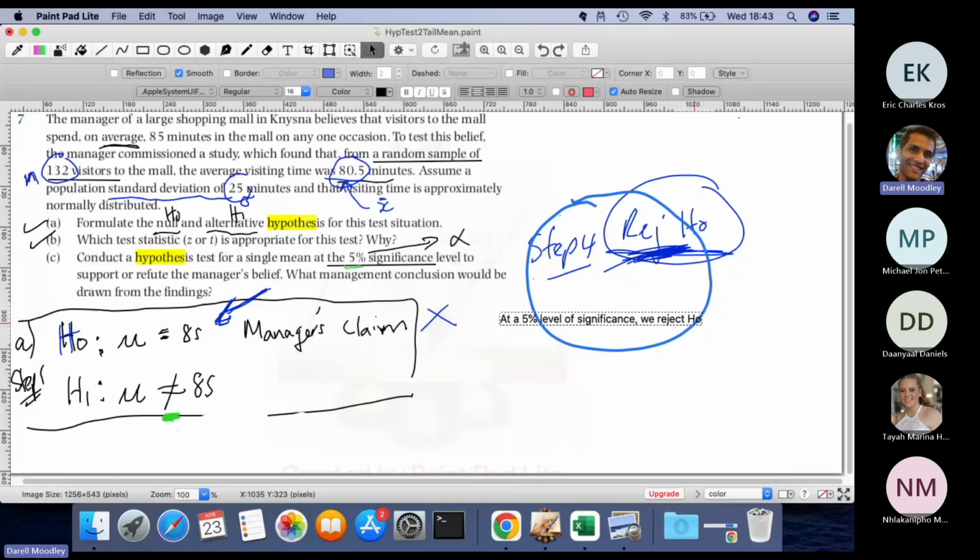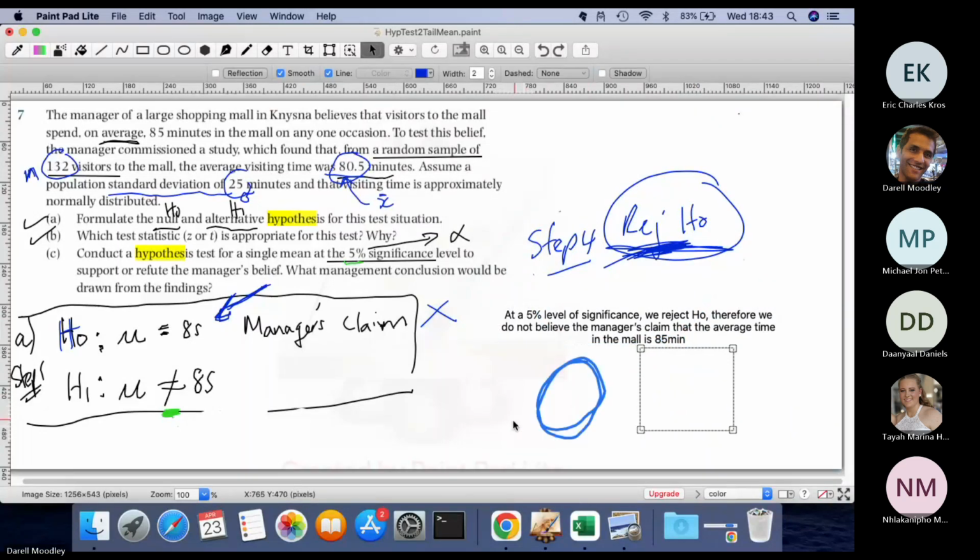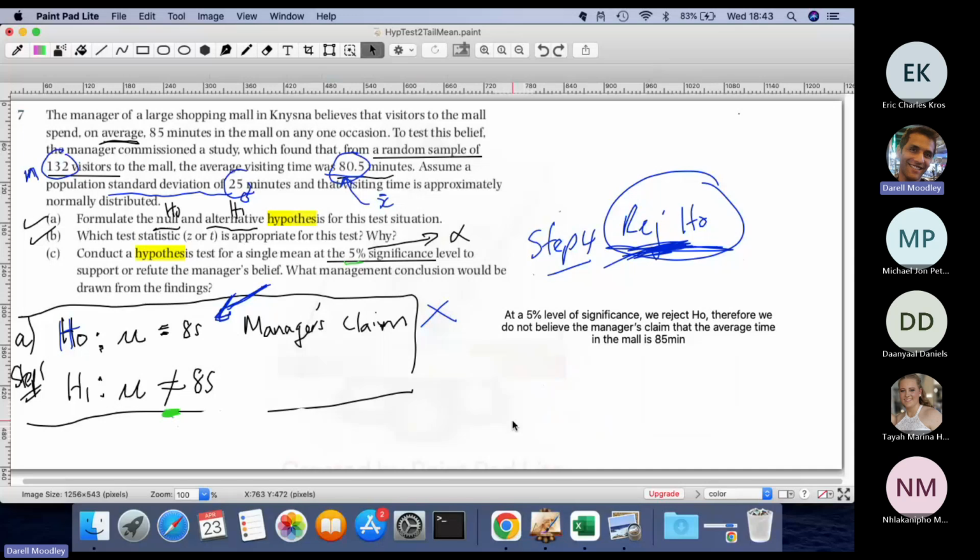We reject H0, therefore we do not believe the manager's claim that average time in the mall is 85 minutes. That's it. That's how you conclude it in your last step, step 5.